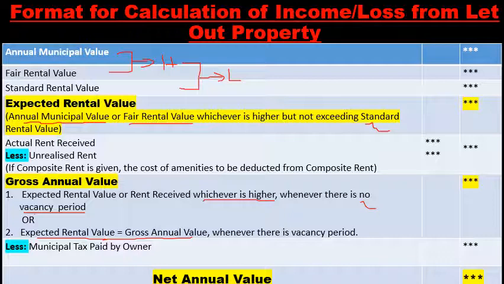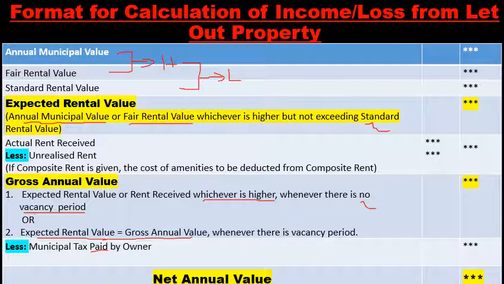Next, after calculation of gross annual value, comes municipal tax paid by the owner. You have to deduct from gross annual value, to find out net annual value, less municipal tax paid by owner. So the first point here, it must be paid. If it is a due, then it should not be deducted.